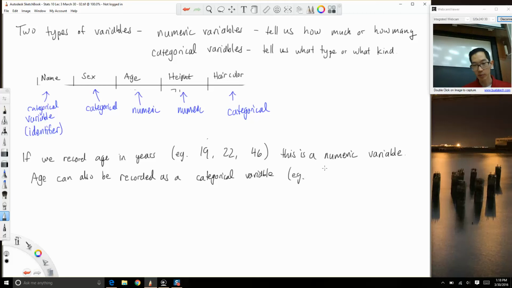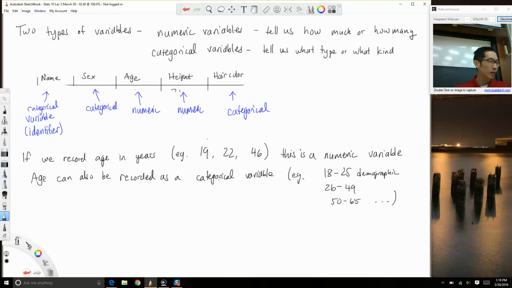So, for example, you're in the 18 to 25 demographic versus 26 to 49 and 50 to 65 or something like that. However they split up the demographic categories by age, age can also be recorded as a categorical variable. So you want to definitely pay attention to how things are being recorded, because that's going to make a difference in the type of analyses that you can do later on.